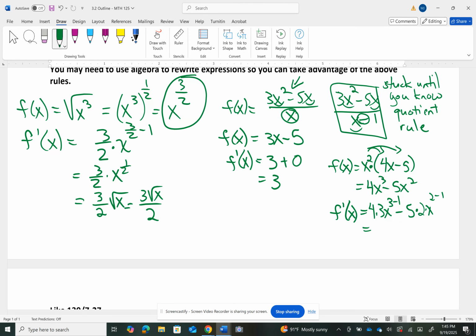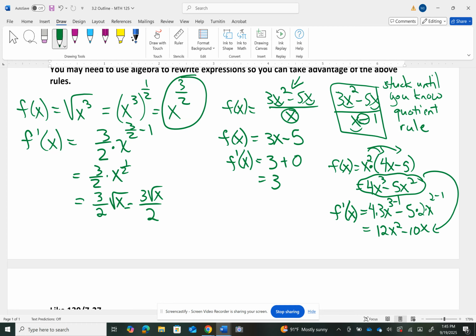Right? And getting 12x squared minus 10x as the derivative. And pretty quickly, we'll get to where once we get it to here, we jump right to the derivative. We don't show quite so much of that in-between stuff.